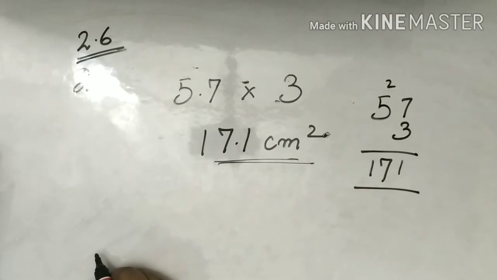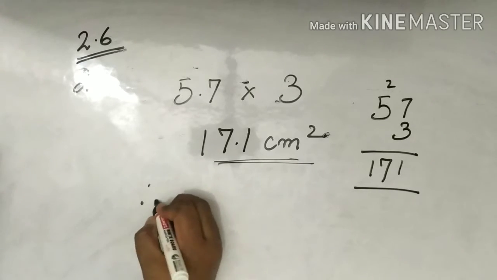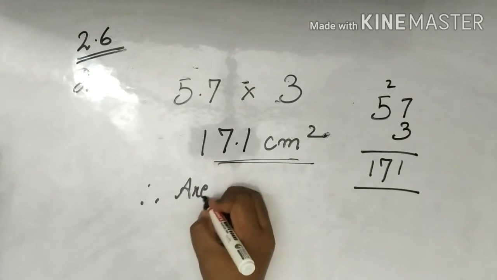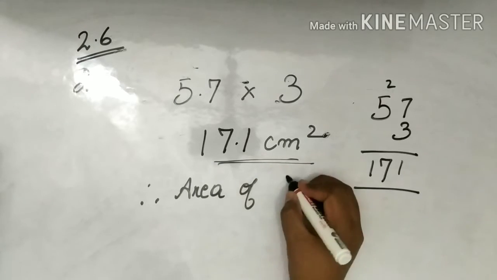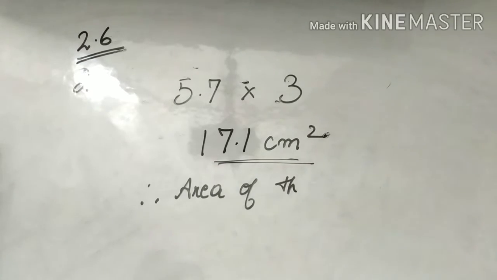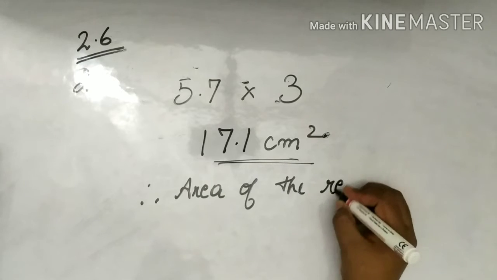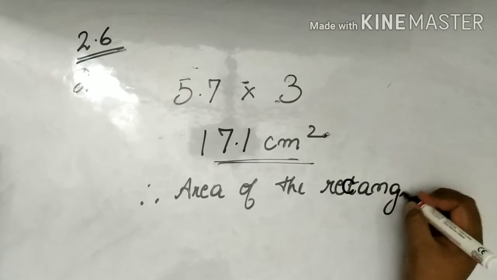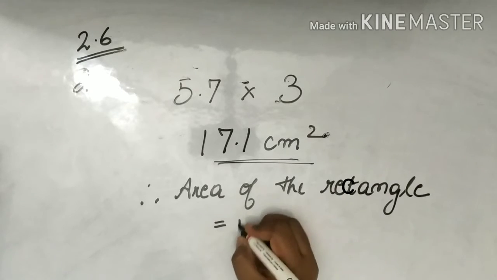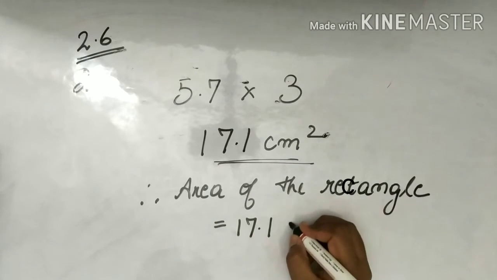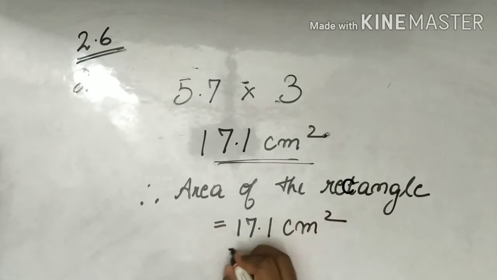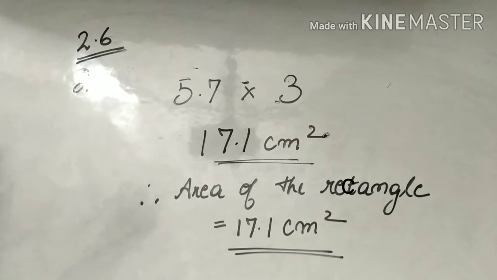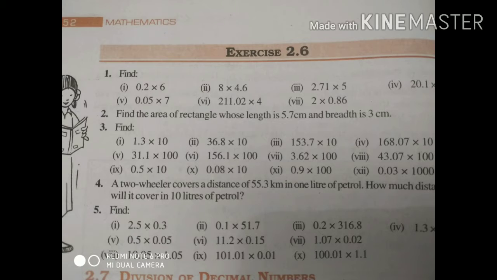So this is the area of the rectangle. So therefore area of the rectangle is equal to 17.1 centimeter square. Okay. Let's do the third question.